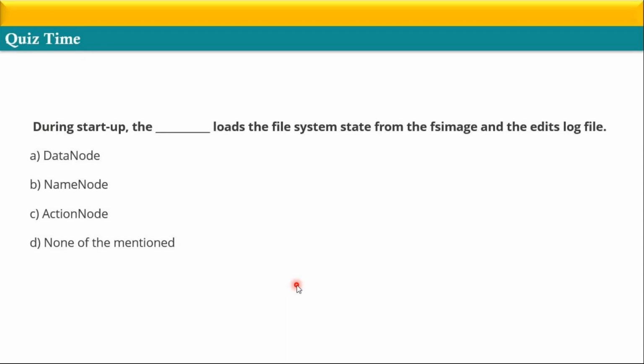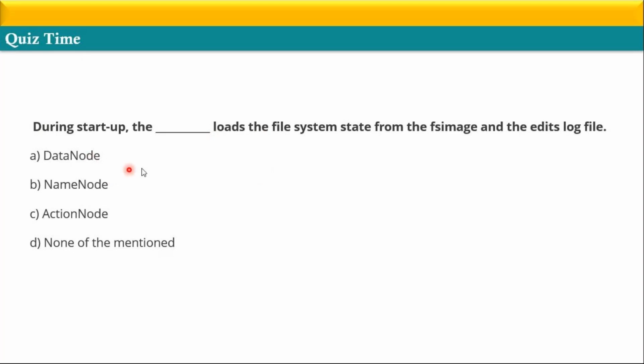Akhil told none of the mentioned, right? Raj, D is the incorrect one. B is the correct one. Basically, I have gone through the FS image and edit log file session, where I quoted the example of a cricket match as well.